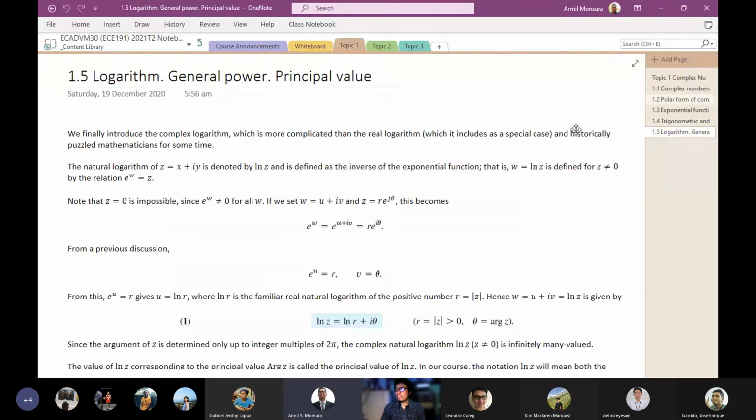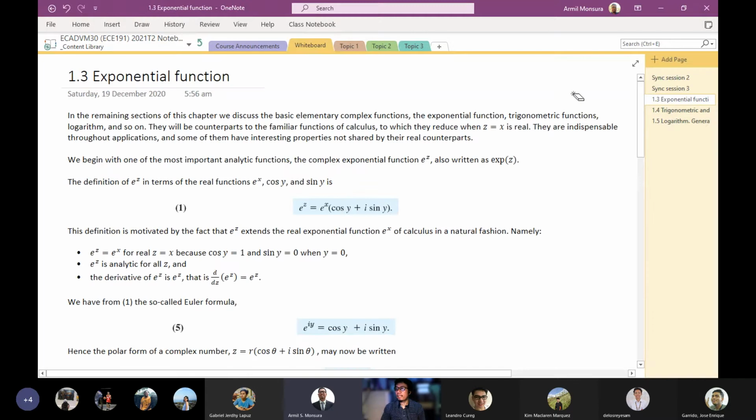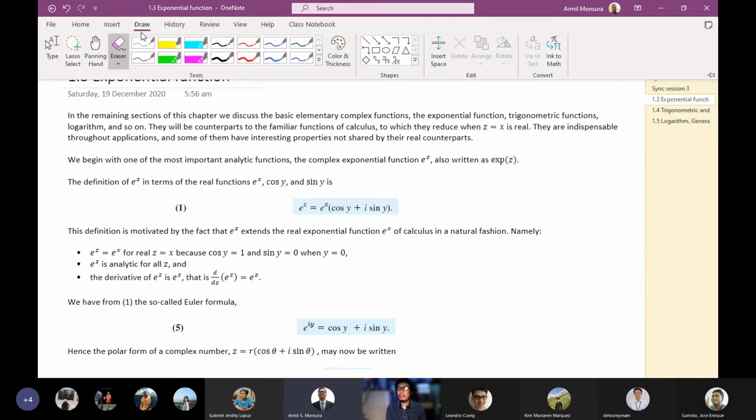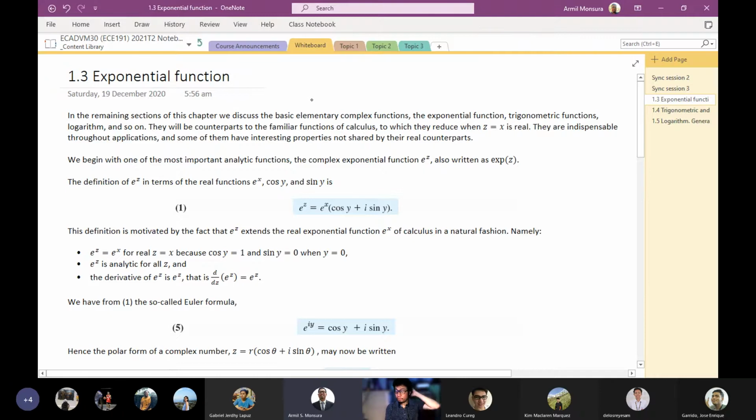Again, as we recall, the polar form of the complex number converts your rectangular coordinates x, y, which is represented by the complex number x plus iy, into the polar form, which is r, theta. r is the magnitude of your complex number, while theta is the angle or the argument of your complex number.